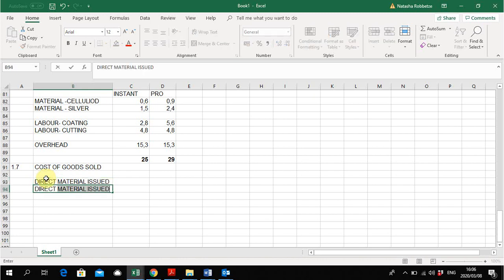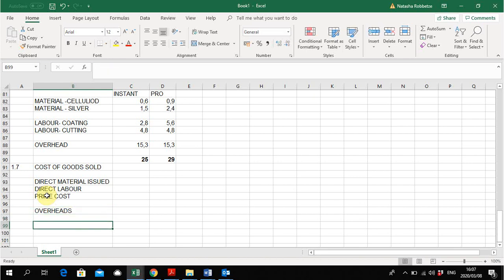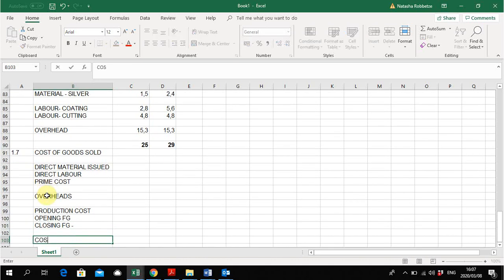We need the direct labor. We add those two up, we get to prime cost. Then overheads, we get to production cost. We then need our opening finished goods to be added, our closing finished goods to be deducted, and then we get to cost of goods sold.